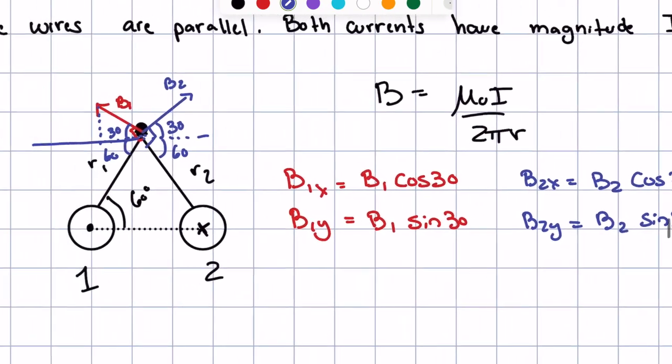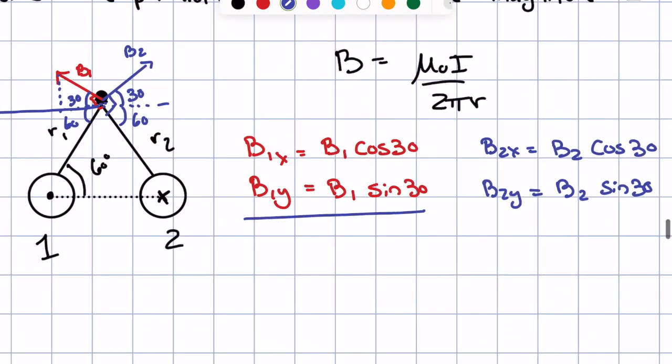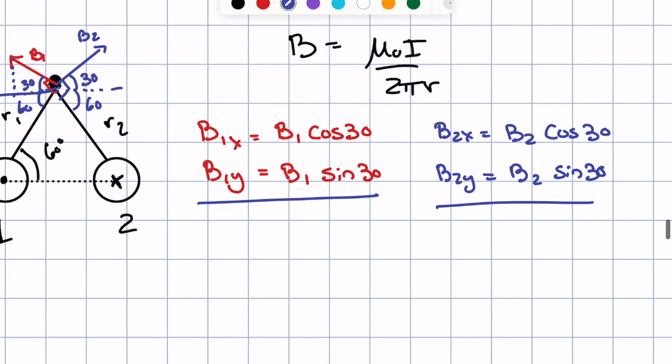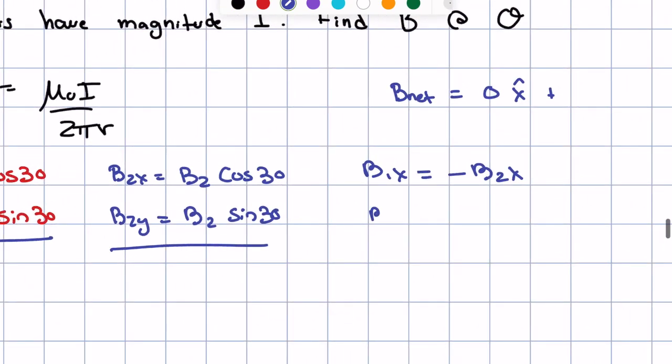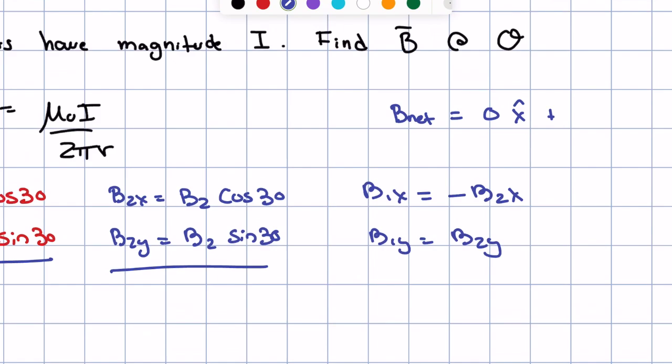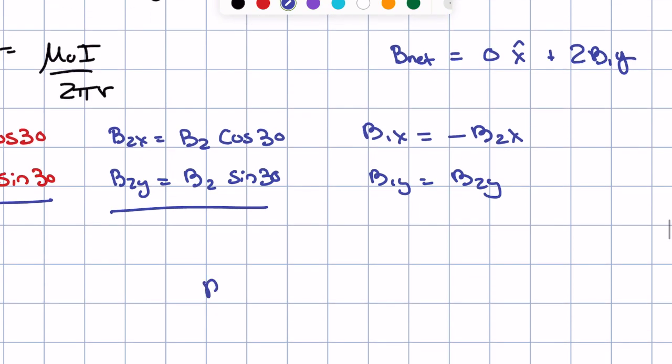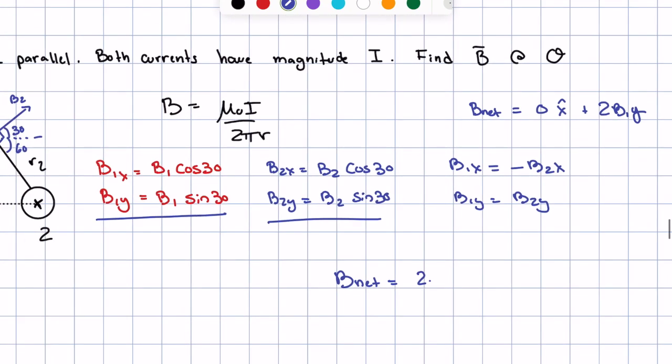In the y hat direction, however, we have B1y equal to B2y. So B net, where we're just adding up the y components, is going to be 2 times B1y. You could also say 2 times B2y. It doesn't matter. So if we write that out, B net is equal to 2 times, what is B1y?